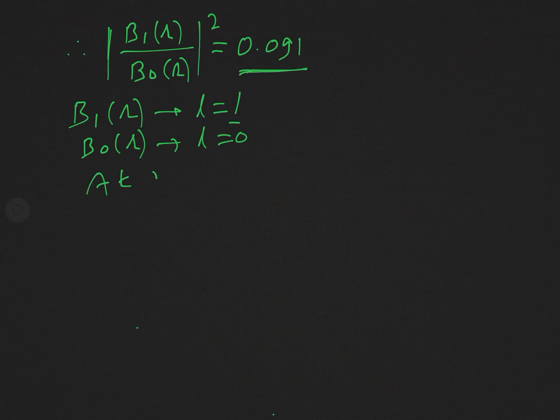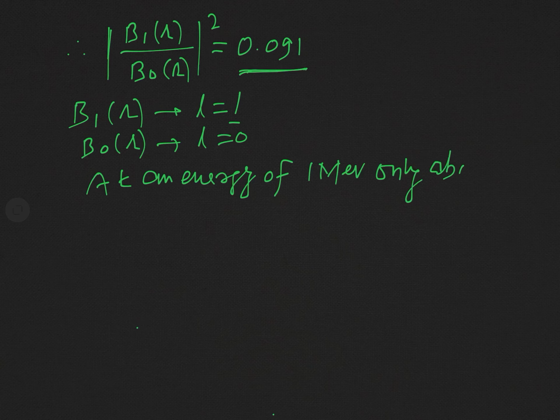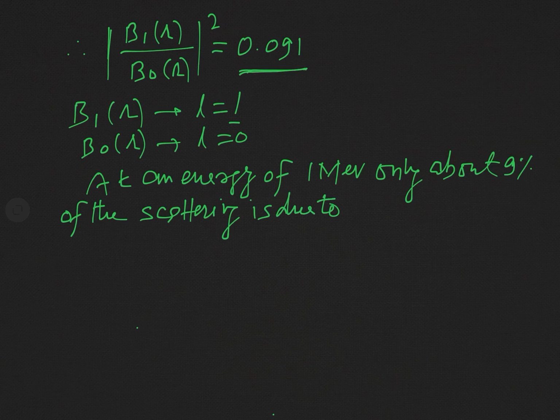So you can say that at an energy of 1 MeV, only about 9% of the scattering is due to the neutron with L equal to 1.